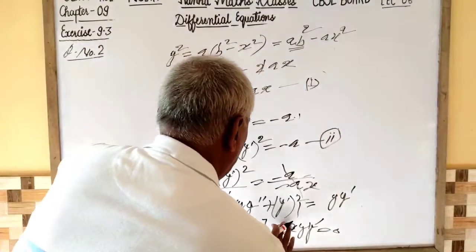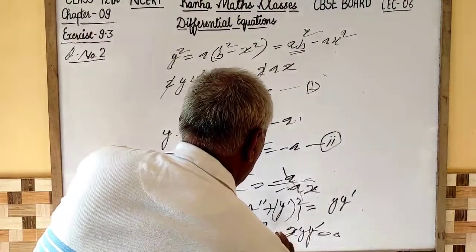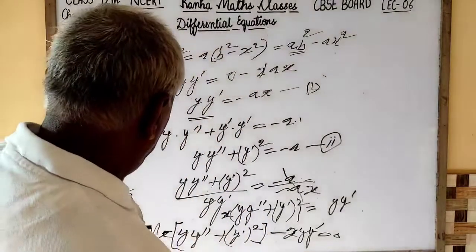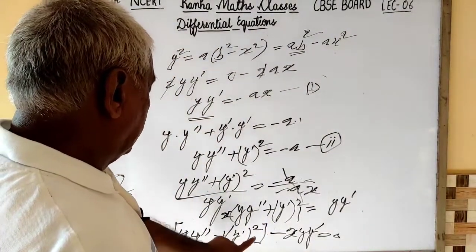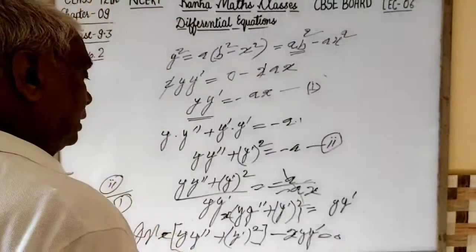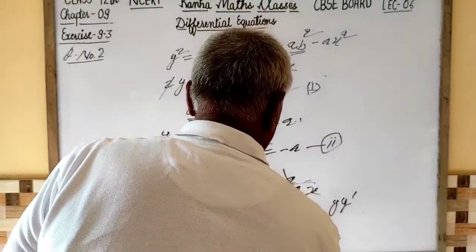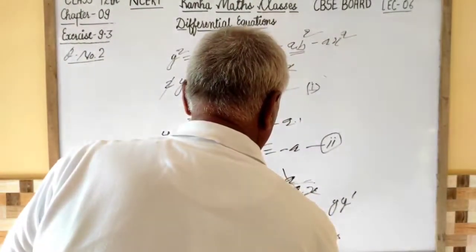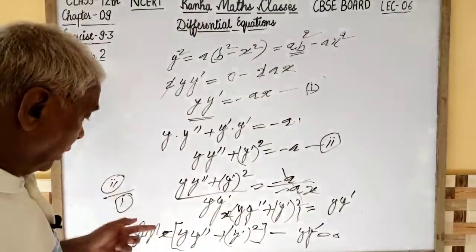Now multiply by x within the bracket: y double dash plus y dash square minus, here will be only y dash, equal to 0. This will be the required differential equation of order 2.